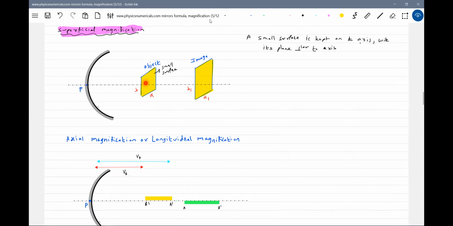Then how do we define the magnification? What is the height and also the width?